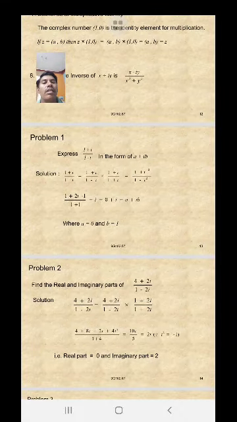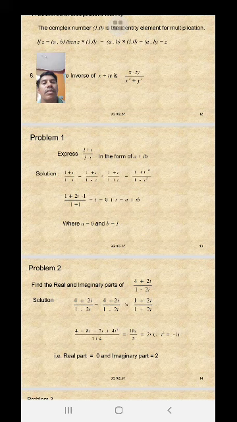After this we learned problems on how to express in the form of a plus ib the given question or statement which is a complex number mixed with real numbers and having a numerator and denominator.